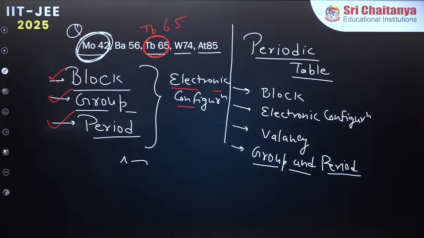Third group, sixth period. F block. Very good. Third group, sixth period. Someone wrote 10th group, sixth period. Check it once. Third group, very good, sixth period.